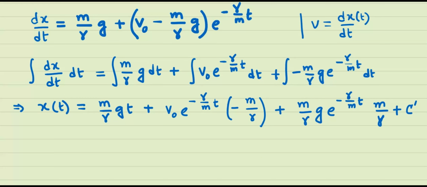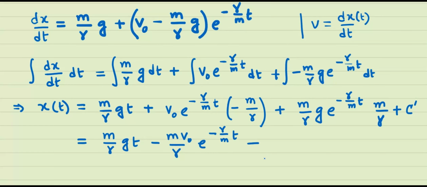So first of all, we have m divided by gamma gt, and then minus m v naught divided by gamma, and then we have the exponential factor e to the power negative gamma divided by m t, and of course we have plus m squared divided by gamma squared g e to the power negative gamma divided by m t, and then plus c prime.